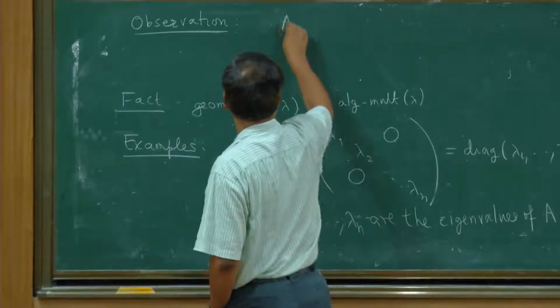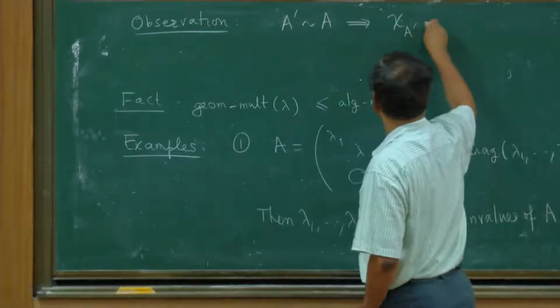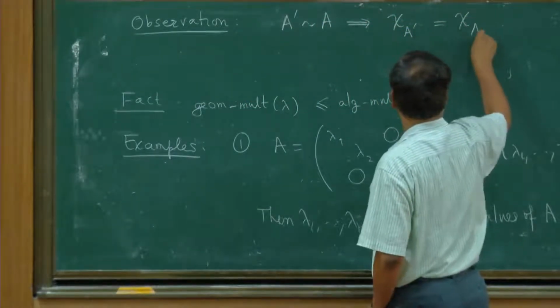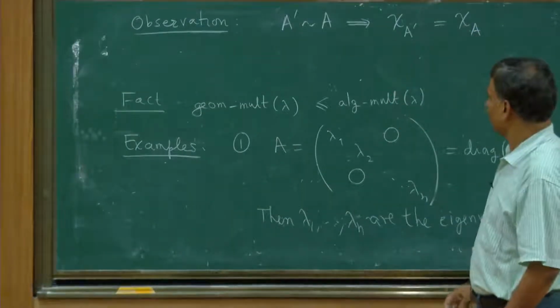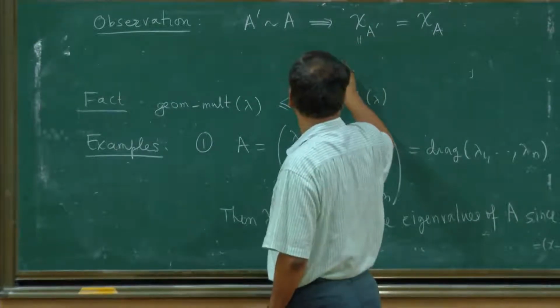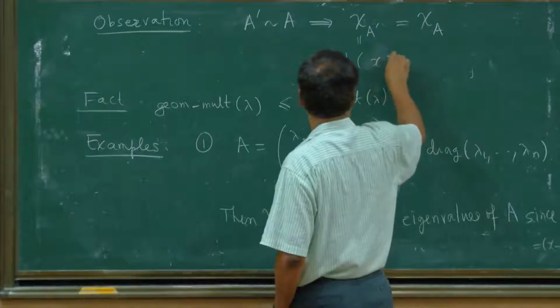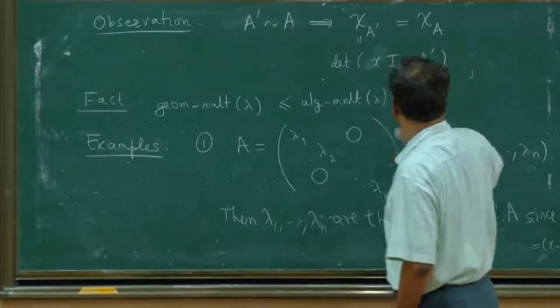If A dash is similar to A, then the characteristic polynomial are equal. This is kind of straightforward, because what is the characteristic polynomial? This is the determinant of xI minus A dash.